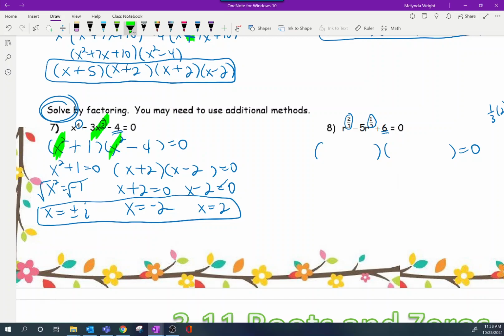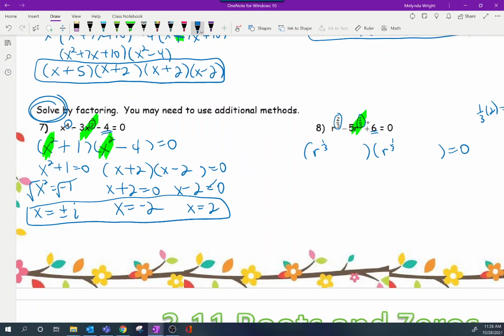Let's see if it'll catch up with me. Come on, you can erase. There we go. Okay, so that's what goes here, r to the 1/3. If it's confusing, that's a way that you can always tell, r to the 1/3. Our back sign is positive, so the signs must be the same.